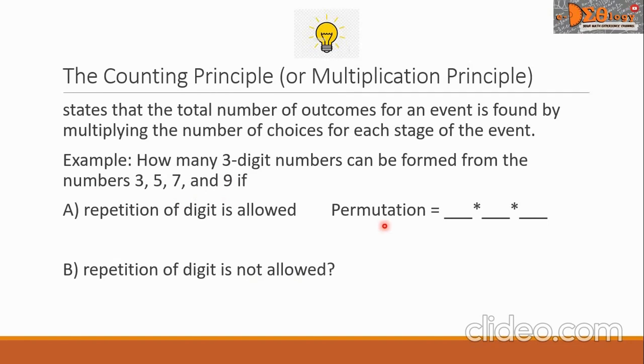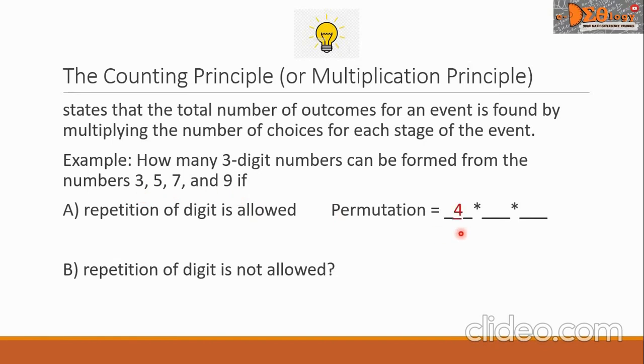For the permutation, let us write 3 blanks here to represent the 3-digit numbers. Each blank here represents the number of choices for each stage. So for the first blank, there will be 4 choices of the digits.